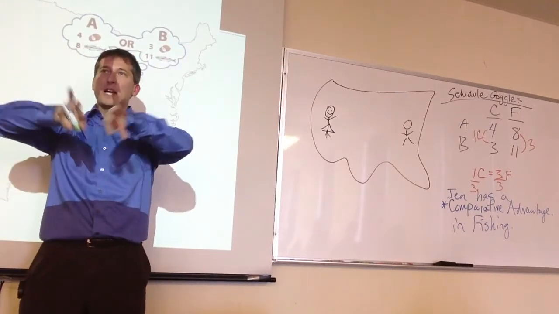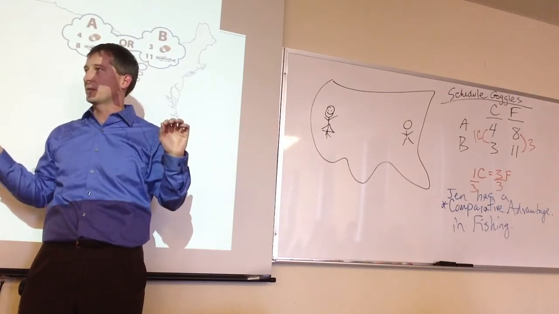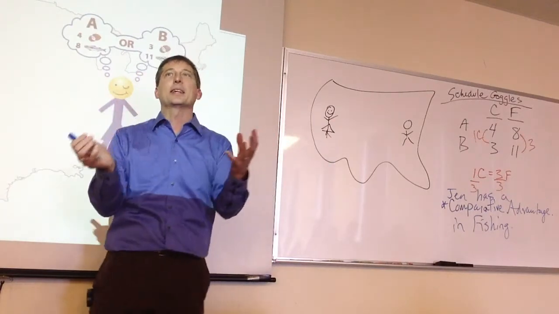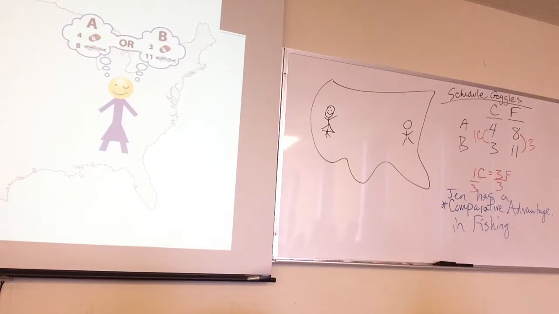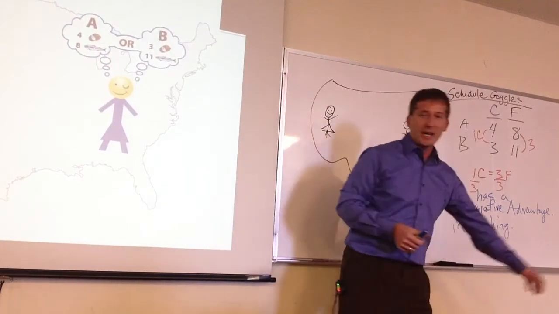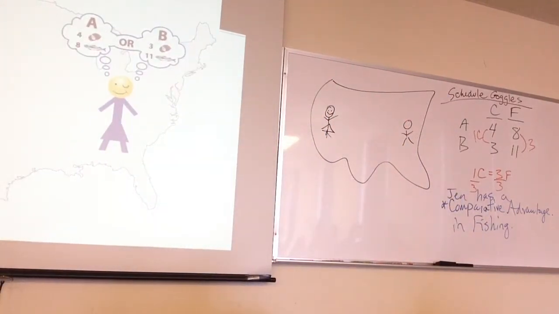We start to specialize in the thing in which we have a comparative advantage. And potentially then, when we get back together at the end of the day, we'd have more than what we would do on our own to divvy up or to trade. So that's our setup for the benefits of trade.